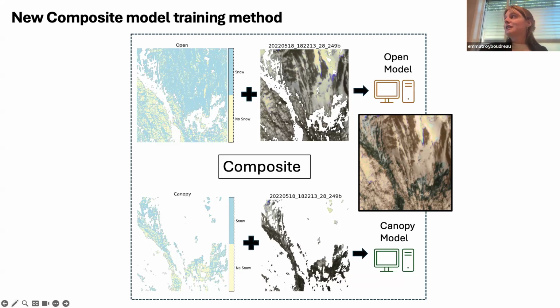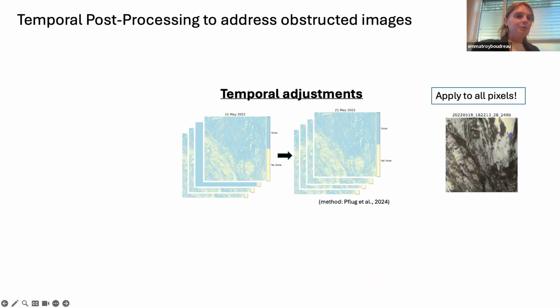And here you can see this green-gray line in the PlanetScope image. That's where we would apply this canopy model. And where you see this brown-orange color, that's where the open model would be applied.